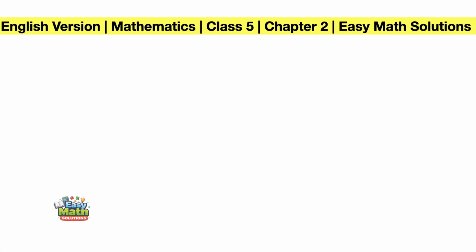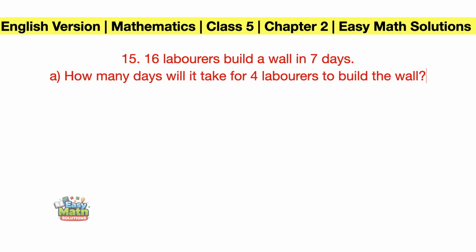English version, Mathematics Class 5, Chapter 2, Number 15. 16 laborers built a wall in 7 days. A: how many days will it take for 4 laborers to build the wall?